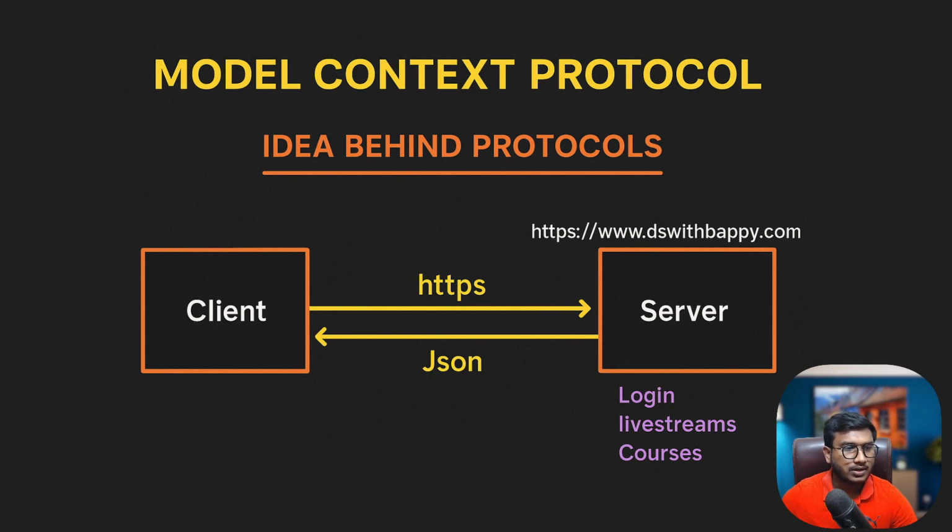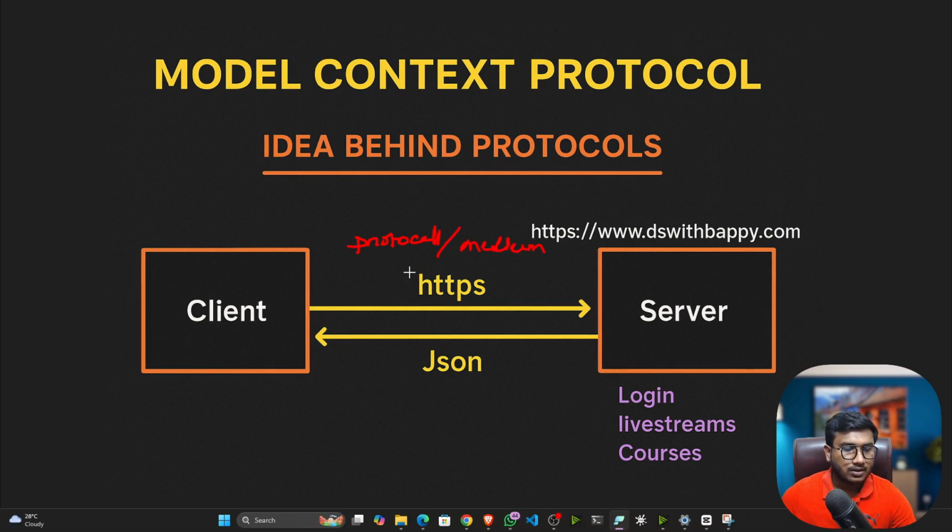So here we are sending a request with the help of this HTTPS protocol. You can also call a protocol a medium. So here we are using this HTTPS medium to hit this particular URL.